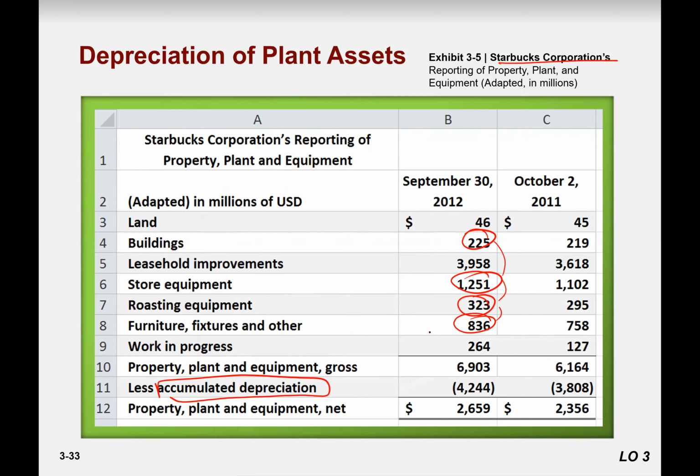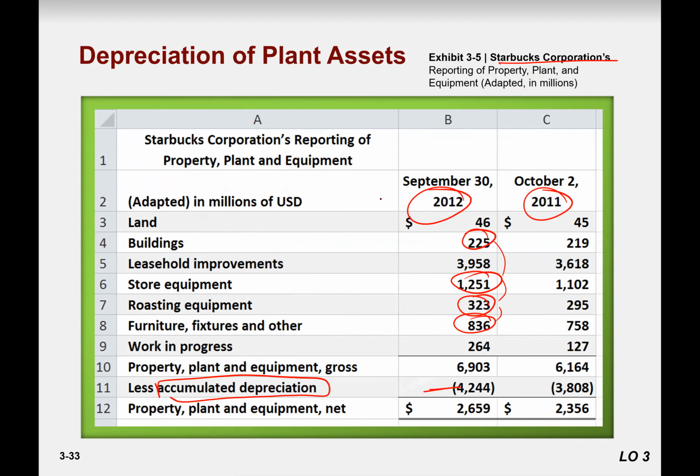So now the manager knows that for this Starbucks Corporation, the building was $225 million, the roasting equipment was $323 million, and how much we have used, a total of $4,244 million, right?